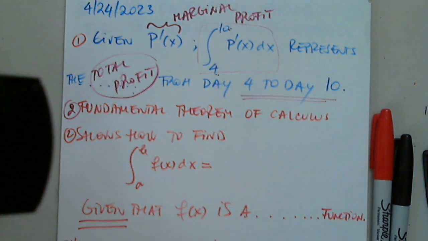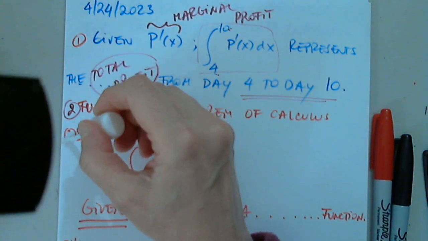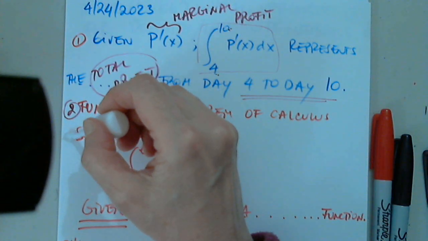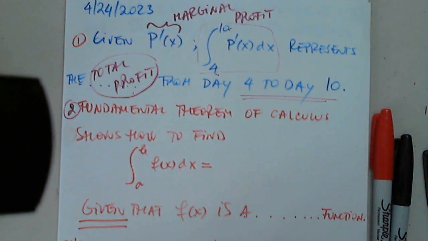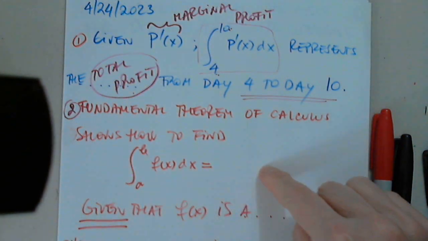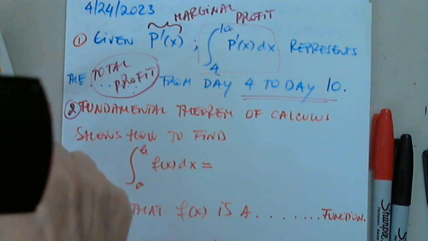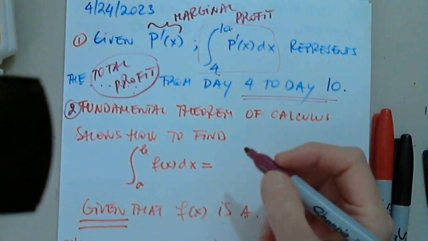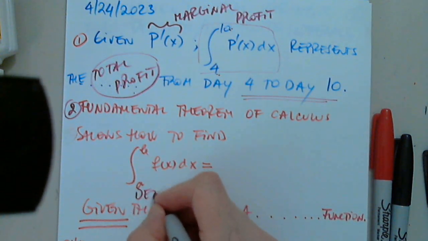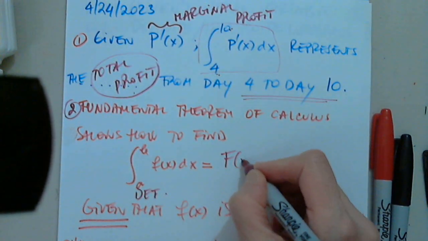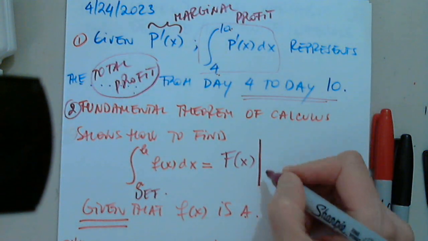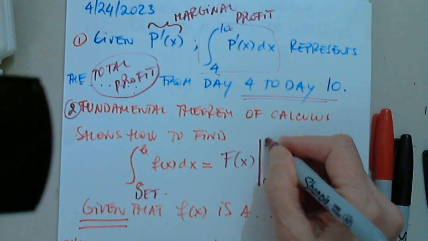Now, number 2. I should have put number 2 here, not here. Sorry about that. The fundamental theorem of calculus shows how to find this integral. Can anyone give us the answer? It shows how to find the definite integral. It's going to be F of x, evaluated from a to b.